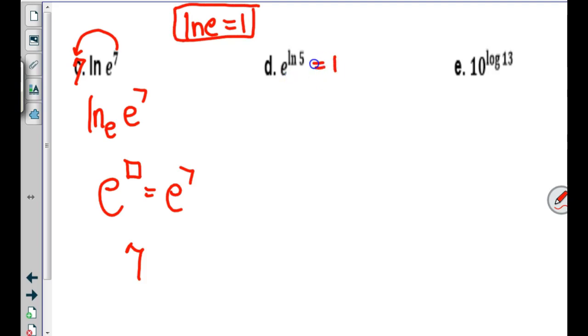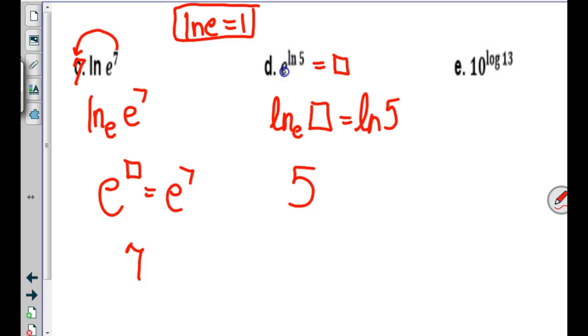This, if we wrote it as an exponent question, would say the natural log, base e, of some number equals ln of 5. So what does it have to be? 5. They just undo each other, okay?